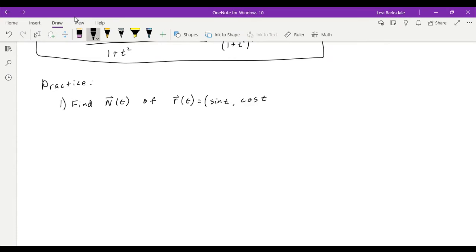Or I guess that's just a circle. Secondly, find just the tangent vector of this function r of t equals sine of t, e to the t. And I'll give you a couple of minutes to work that out.